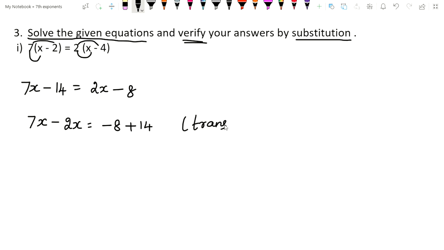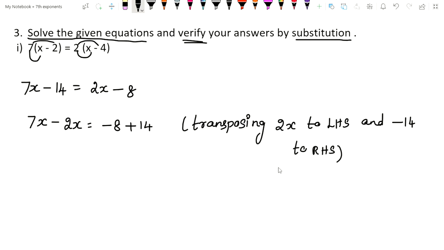Transposing 2x to LHS and minus 14 to RHS. So 7x minus 2x, what you will get, children? 5x equal to minus 8 plus 14, what you will get, children? 6.